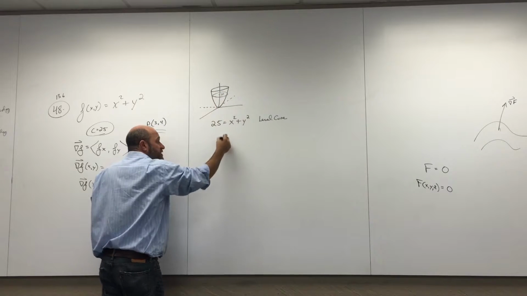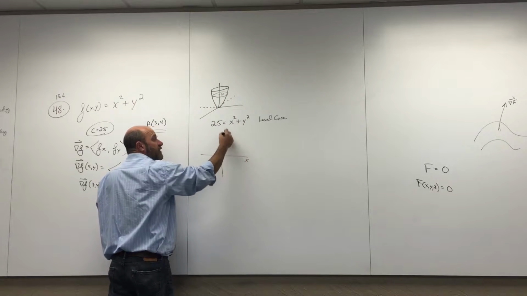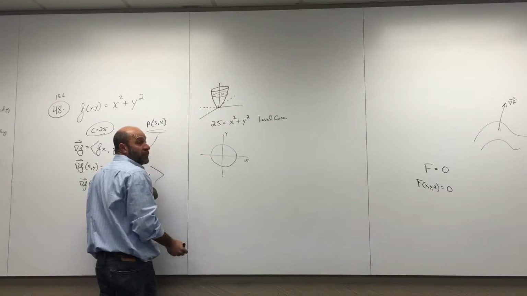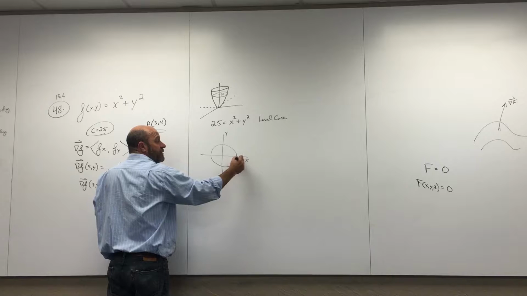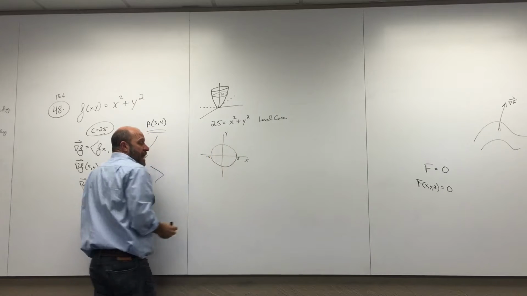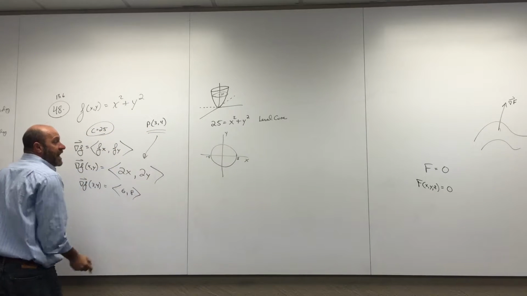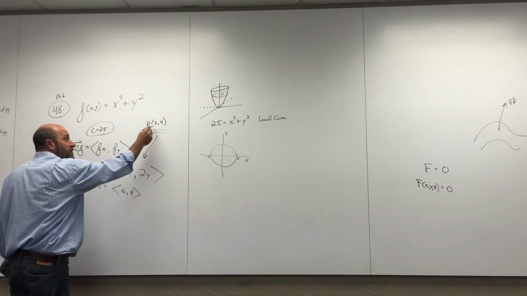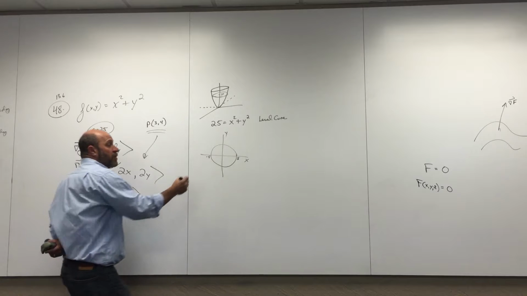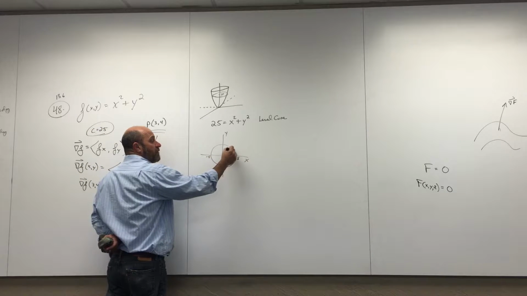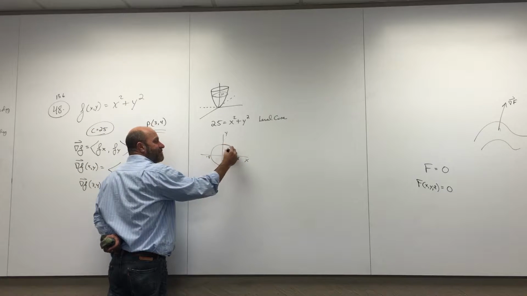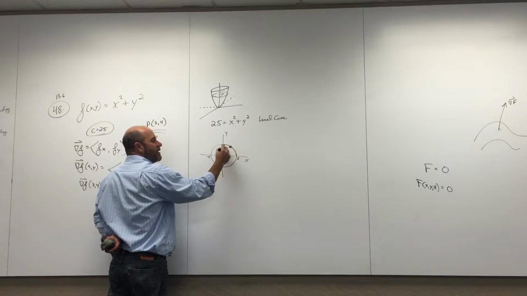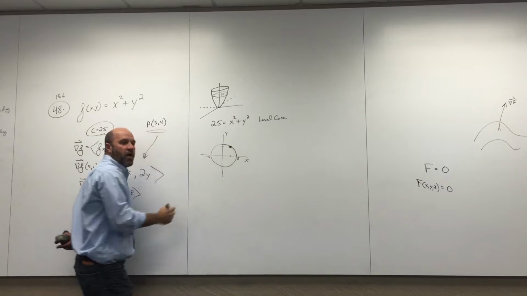And if I looked at it just in the XY plane, it would be a circle of radius 5. I think this point 3,4 is on that level curve. If you go over 3 and up 4, there you are. You're on that level curve.